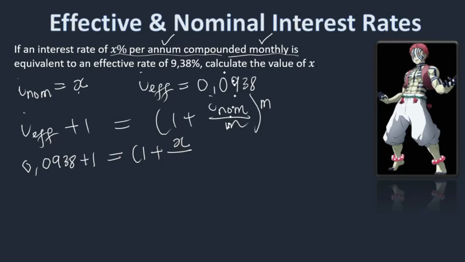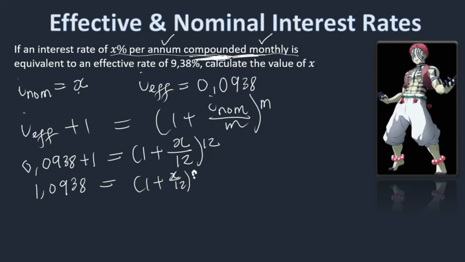How many times is it compounded? It's compounded monthly. So if I'm compounding per year, I'm going to compound 12 times. Right? And then afterwards, I can basically add these things together. It's not rocket science. This is 1.0938. And this is equals to 1 plus x over 12 raised to 12.